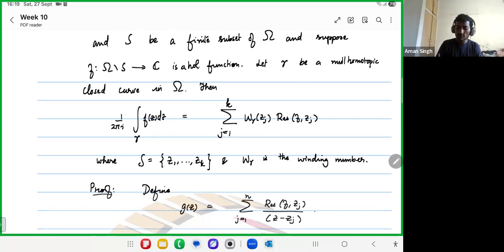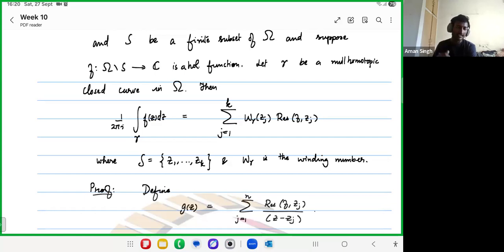So 1 by 2 pi i times the integral of f over gamma is the summation of the winding number of zj times the residue of f at zj. So various points, we can add them and get the integral. Winding number is, I'm telling you this, how many times the curve bounds the points.